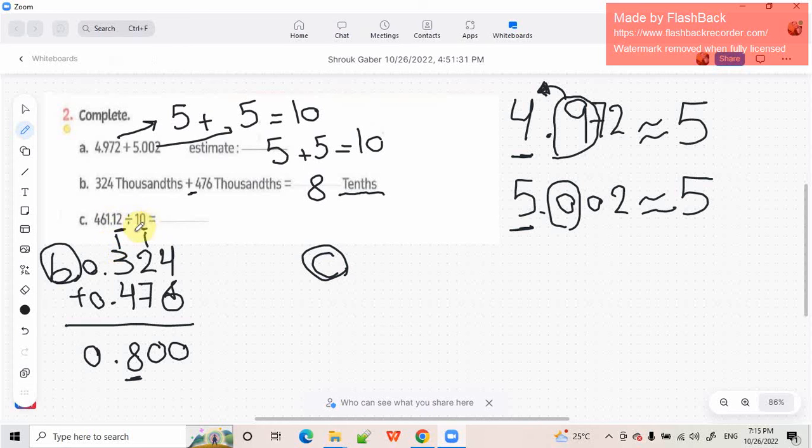I have 1 zero, so I will take 1 digit from the whole part to the decimal part to decrease the number. So the answer will be 46 point 112. Why do we put the decimal point here? Because I decrease the number by one step or one place value, so I will take one digit to the decimal part.